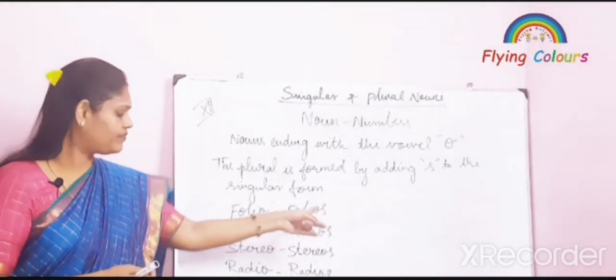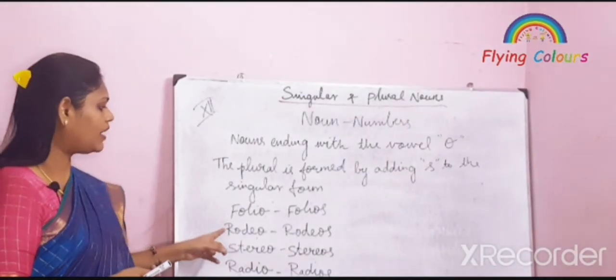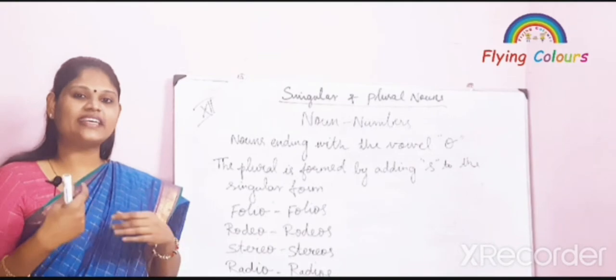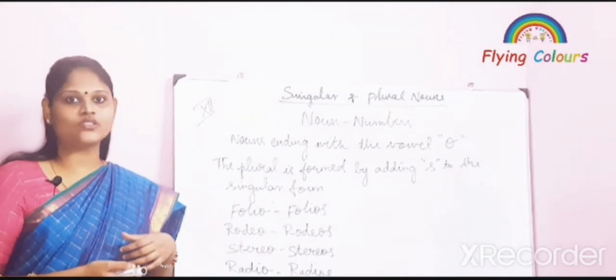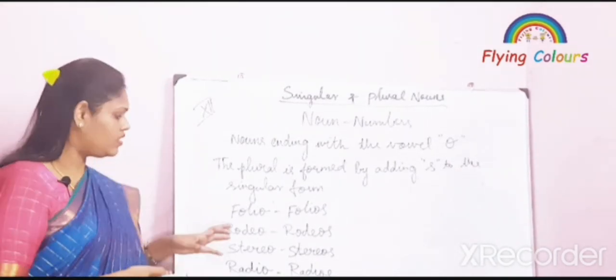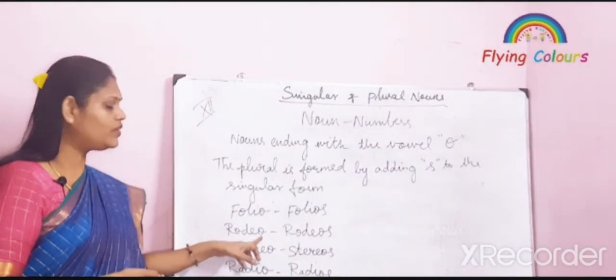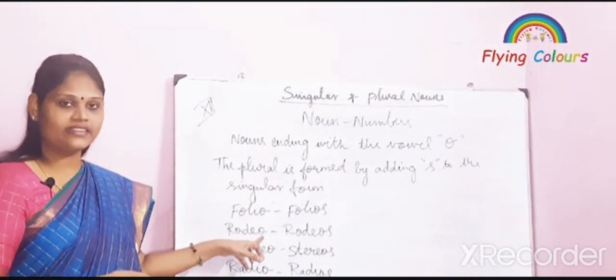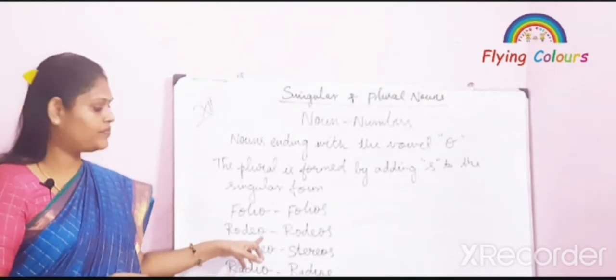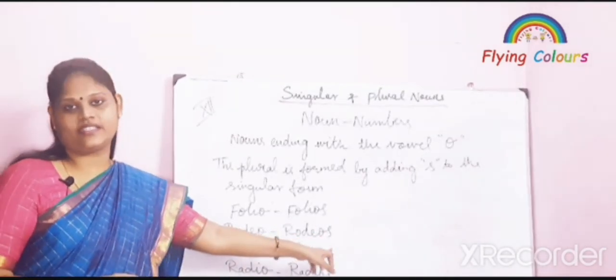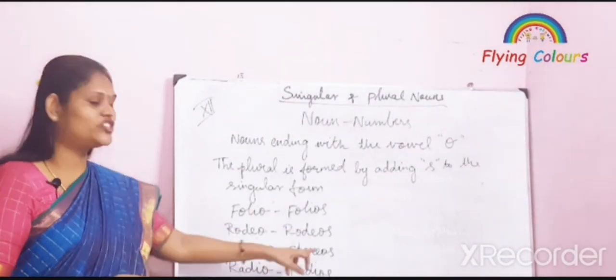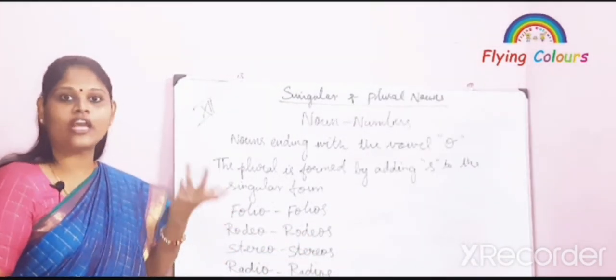Okay. So radio. Radio means radios. Contest in testing cowboy skills, that is called radio. This radio ends in the vowel O, and these are all foreign words, so you should add only S. Radio, radios. Stereo, stereos.